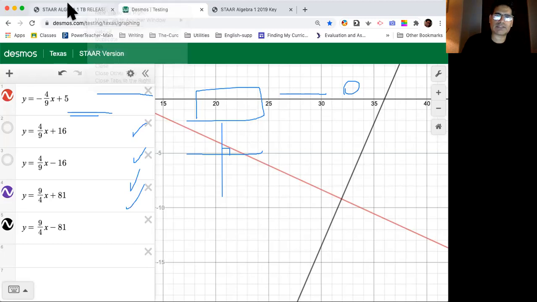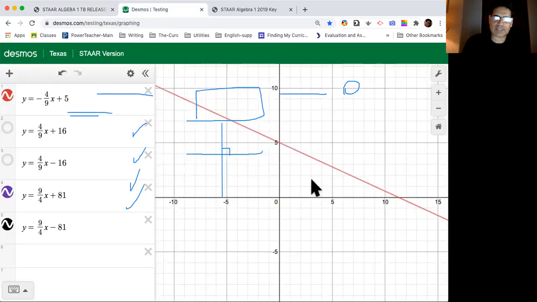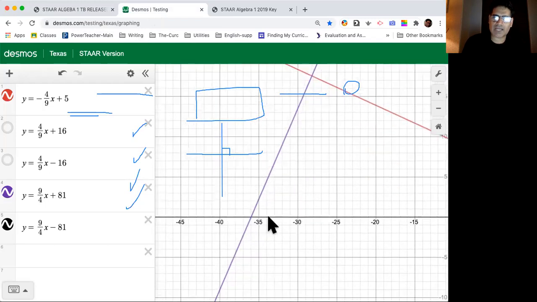Okay, crosses the axis at 36, yes. And I was about to get giddy and think, oh, there it is, but what did I do wrong? I jumped the gun. I said I was getting happy because I saw 36, but in fact, that's not 36.